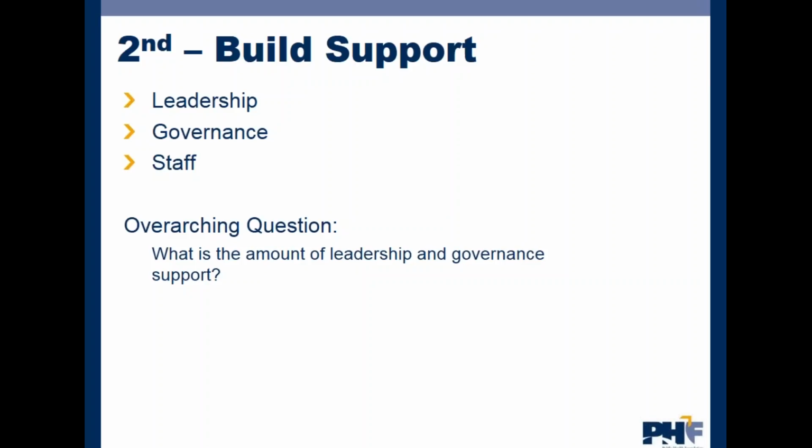So having strong support at all levels, as you see here, with the leadership of the department, the governance, the Board of Health, or the commission, or city manager, whoever that might be, that would give the approval for this, the staff throughout the department that will help in pulling together the department and the documentation and the site visit, all of that's got to come into play.